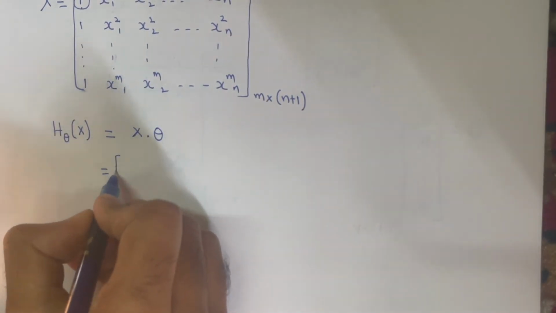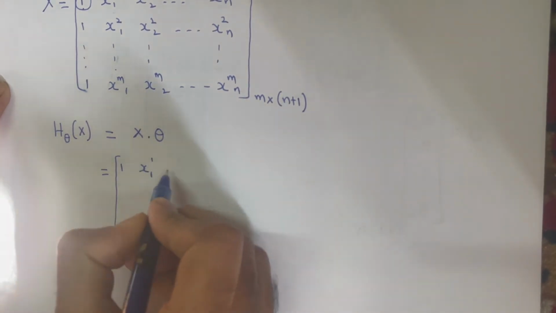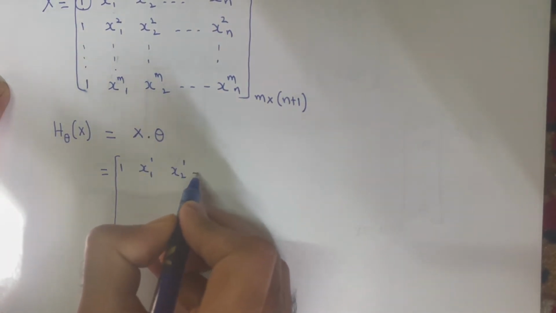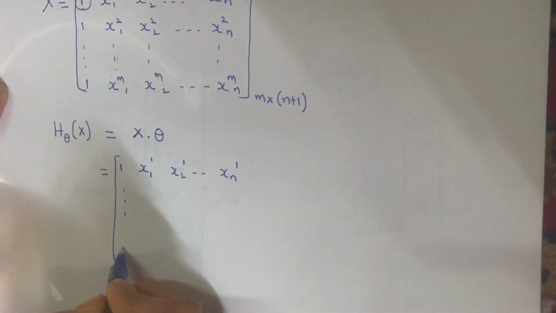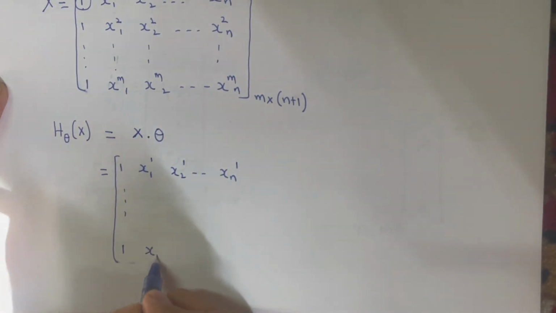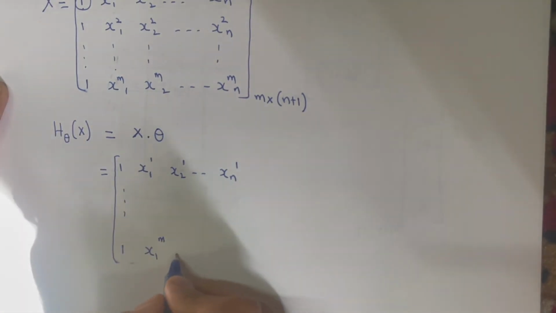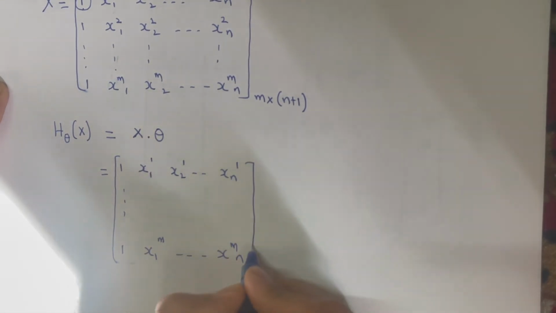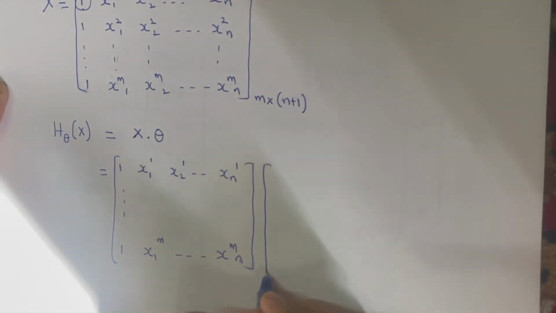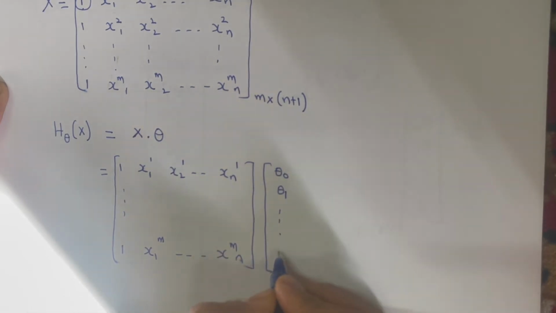X is this: 1 x11 x21 ... xn1, ... 1 x1m ... xmn, into theta. And what is our theta? Theta is theta 0, theta 1, ... theta n.